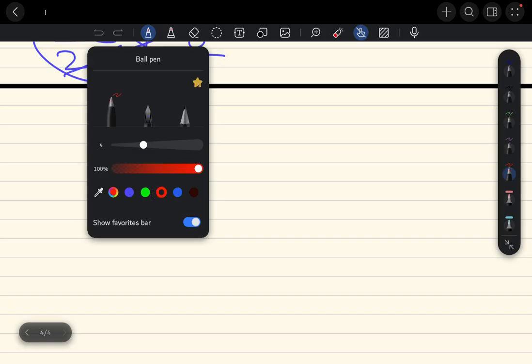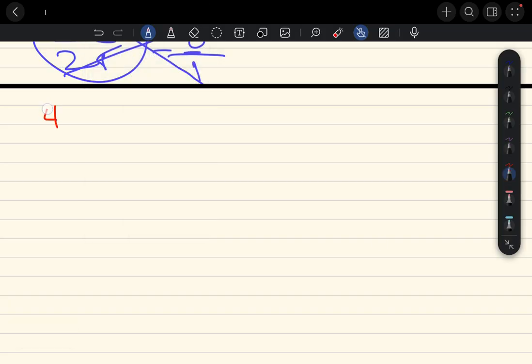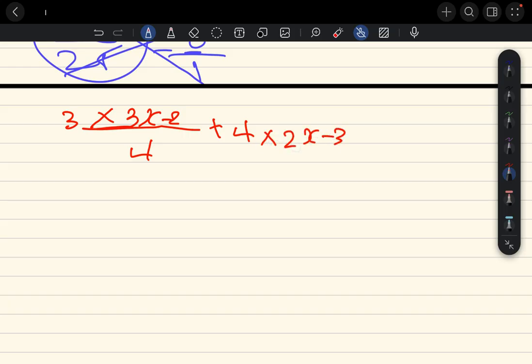When we have, for example, 3x negative 2 upon 4 plus 2x minus 3 upon 3 equal 5.